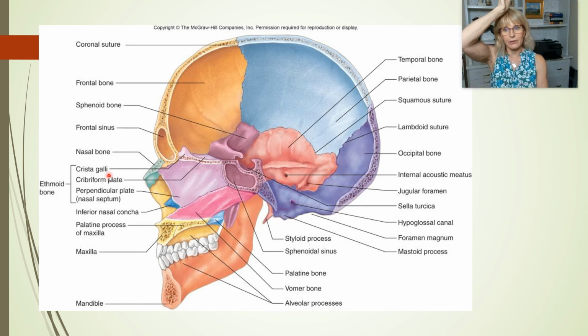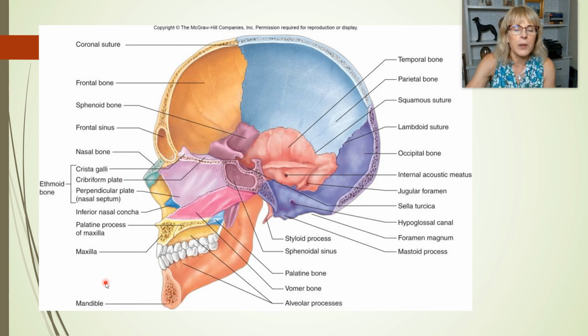You know how roosters have that floppy thing on their head? I don't know what cribriform plate means, but the cribriform plate has got little tiny holes in it. So if a smell goes up your nose, that smell, whatever it is, lands right there and comes in contact with special nerve cells that carry it to this part of your brain right here, which is going to allow you to process odors. All right.